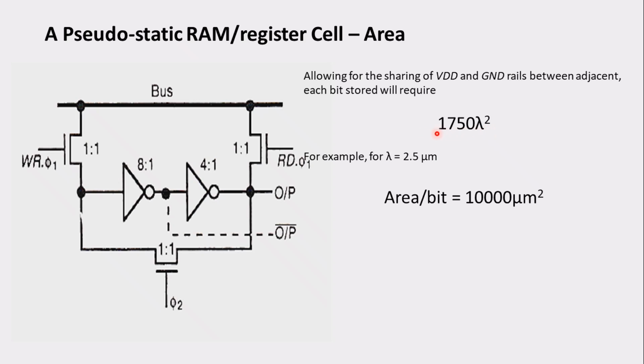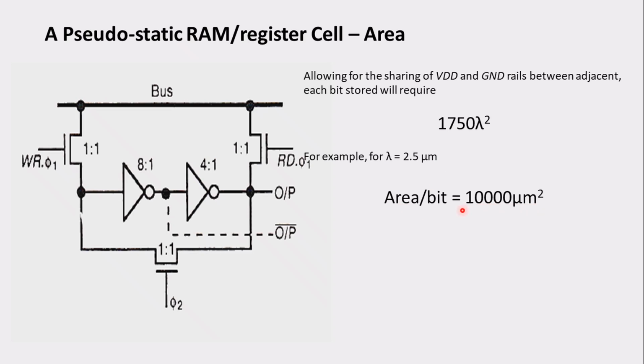This is what the layout is going to take, and based on the technology we have used, let us consider we have used 2.5 micrometer technology. The total area in order to store one bit would be across 10,000 micrometer square.